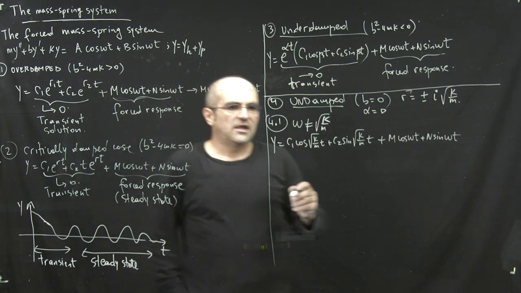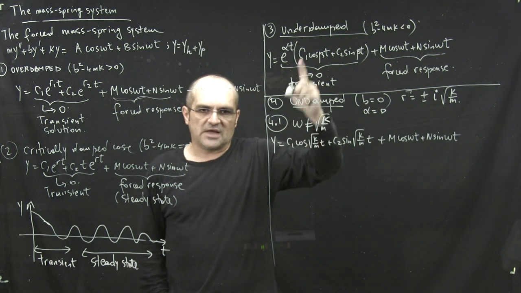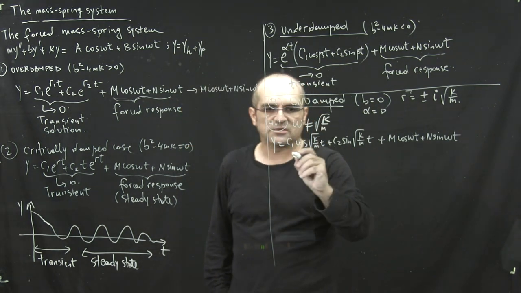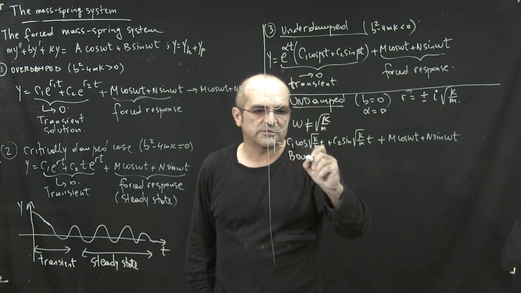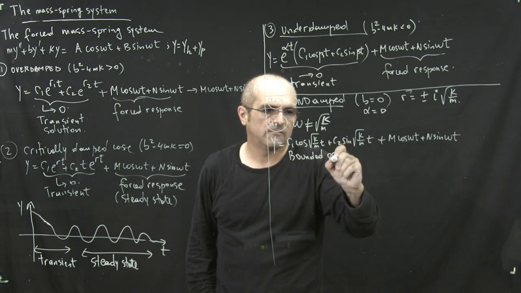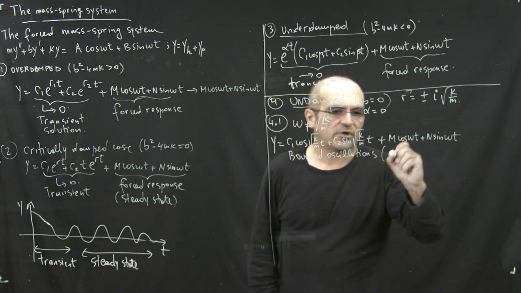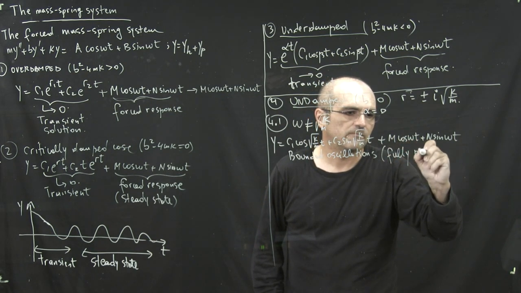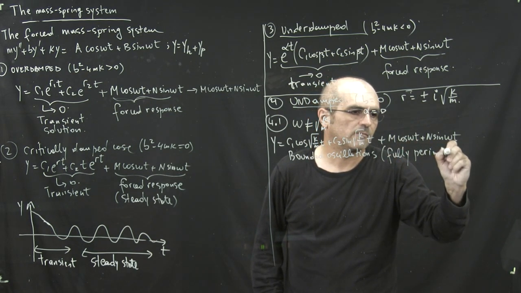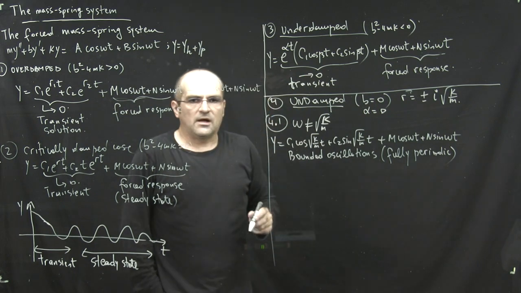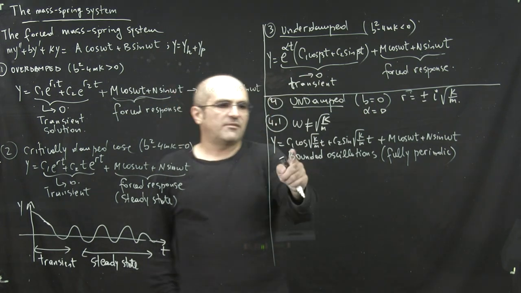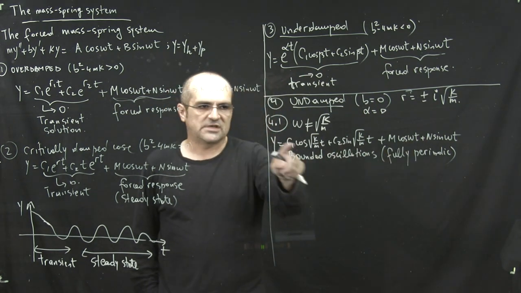Fully periodic, and the amplitude of the oscillations is bounded. So this one will be bounded oscillations, because you have a bunch of sines and cosines, and that's it, with constant coefficients.